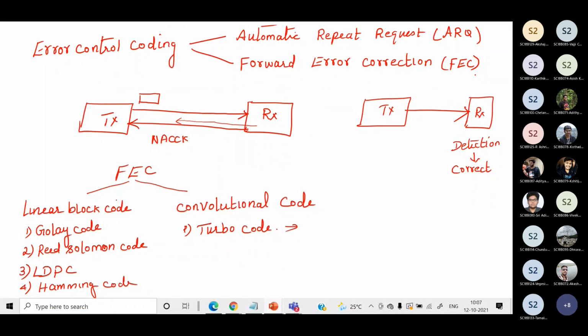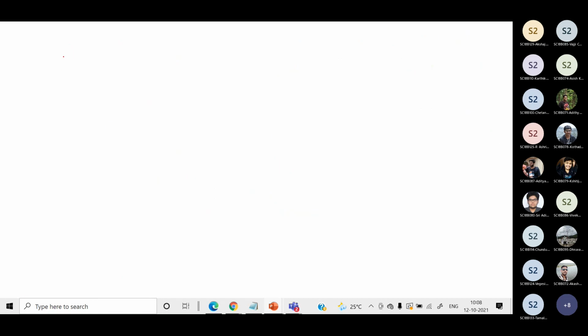For Golay code and others, for specific values of N and K, the design will vary slightly. Another point: in forward error correction coding, we are going to deal only with binary codes, ones and zeros only. There are non-binary codes also, but here we deal only with binary codes. So first we will start with linear block code.